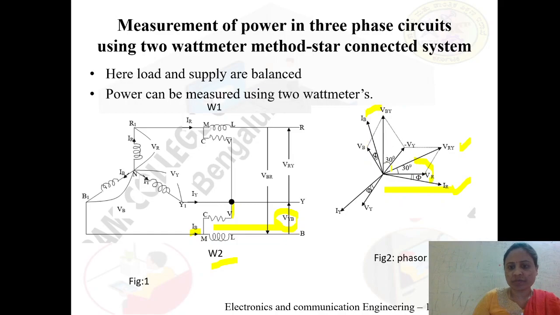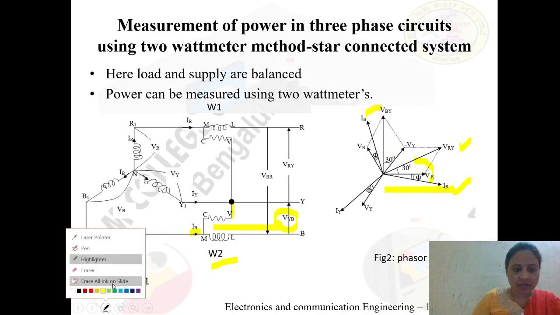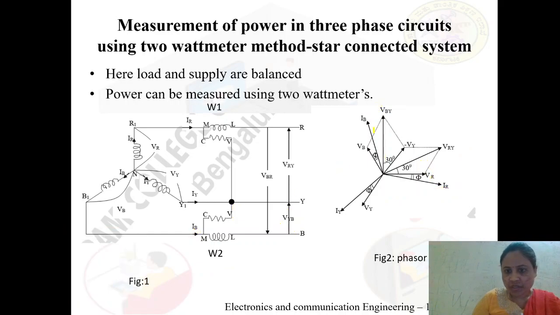We can see it from this phasor diagram. From VB to VBY, the phase angle is 30. And from VB to IB, the phase angle is phi.